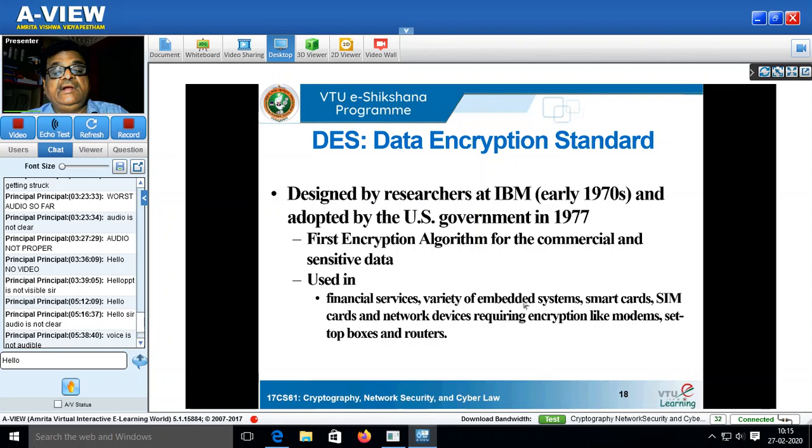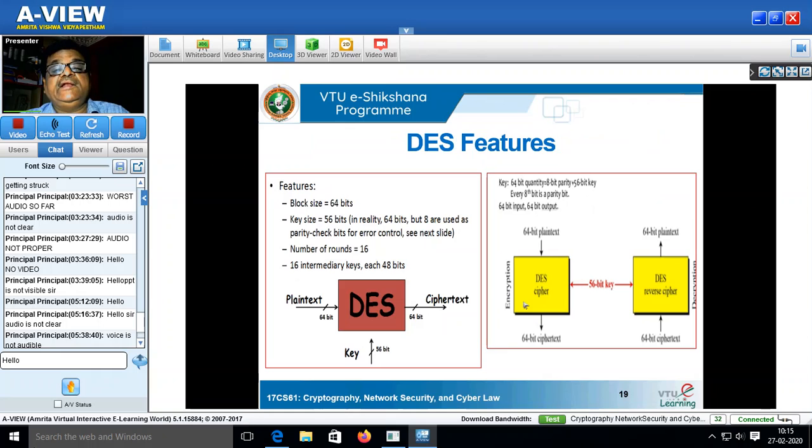In DES, we work with 64-bit blocks, which means when the plain text is given to us, it is split into many 64-bit blocks.